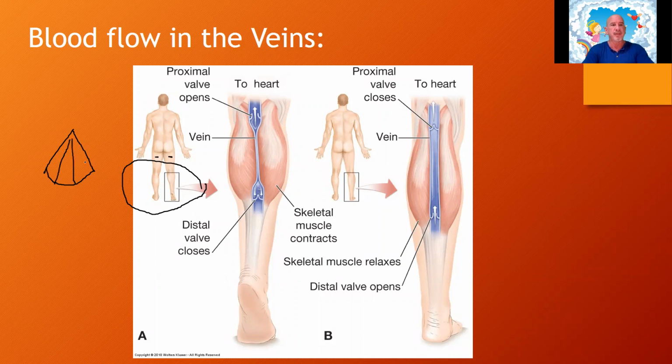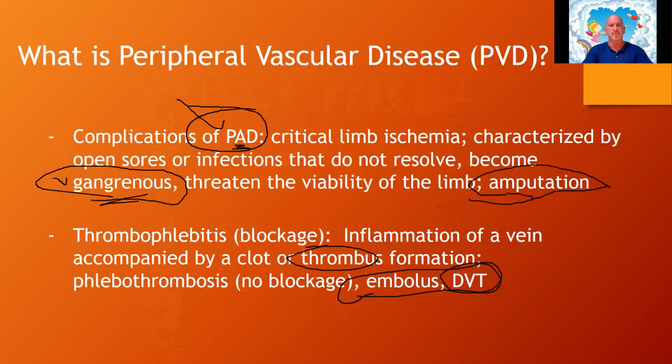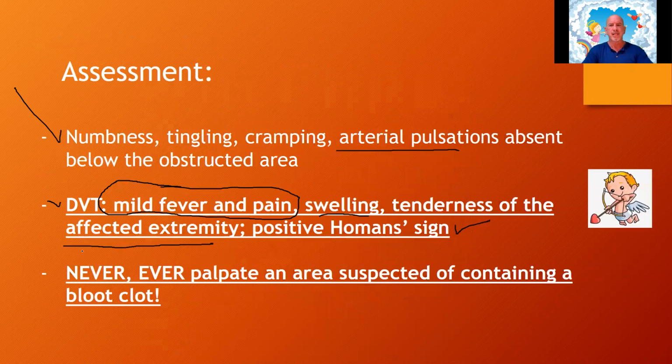They actually put that in the vein so that when the blood goes out of the leg and back to the body, any blood clots that may be there get caught in this basket. So that is one procedure that they might do for people who are inclined toward DVTs. And this keeps them from throwing a clot to the heart or to the head or someplace like that. If you hear them talk about putting an umbrella in the leg, that's what they're talking about. Never palpate a leg you suspect of having a clot.